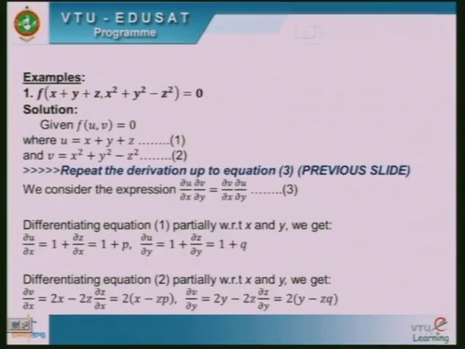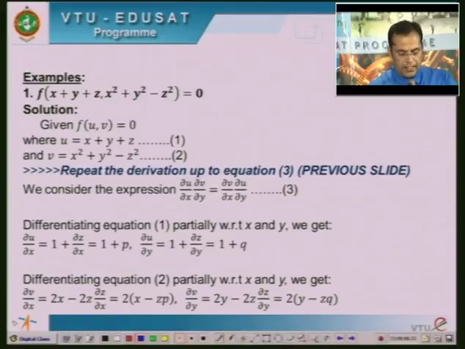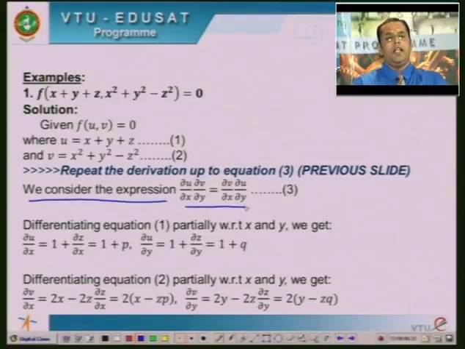As you see, we have written here, consider the expression dou u by dou x into dou v by dou y equal to dou v by dou x into dou u by dou y. Now, when you find out these partial derivatives, you must remember that even though u is a function of x, y, z and v is a function of x, y, z, the variables x, y, z are related in such a way that z depends on the variables x and y.